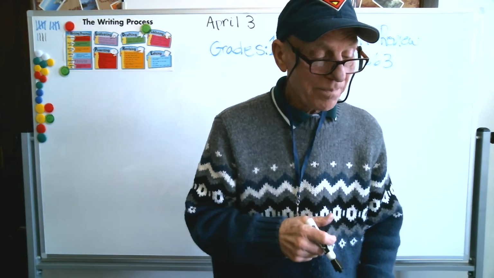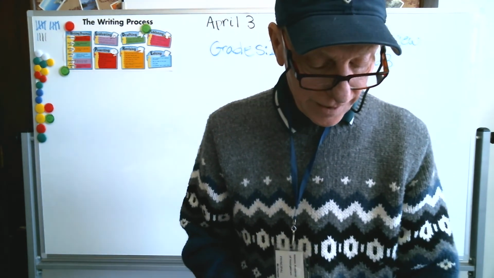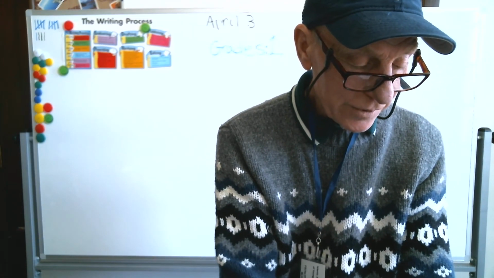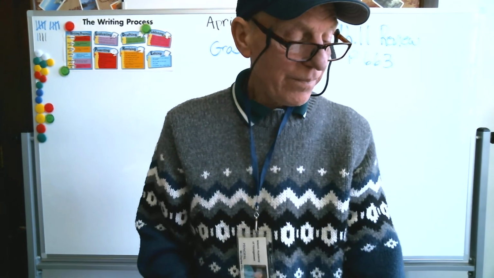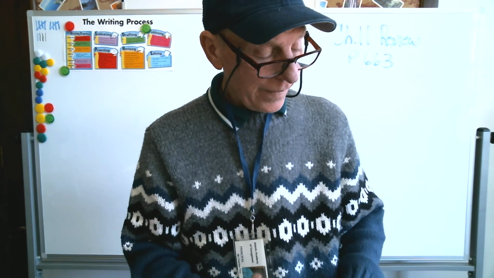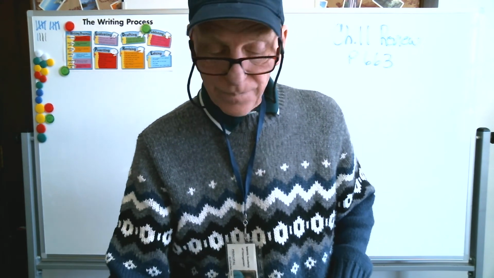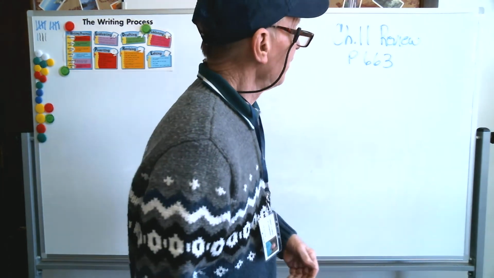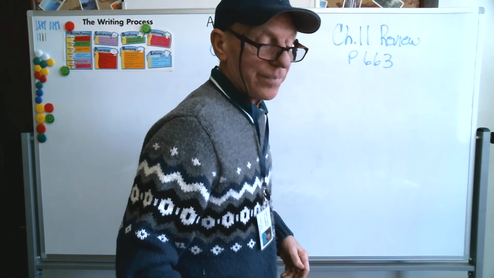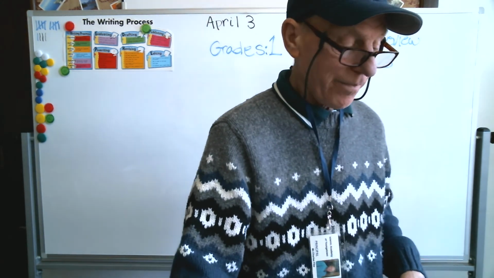Well, that wraps up Unit 11. We're going to start what they call two-dimensional geometry. Remember, two-dimensional only has a length and a width. It doesn't have that height, that third dimension.